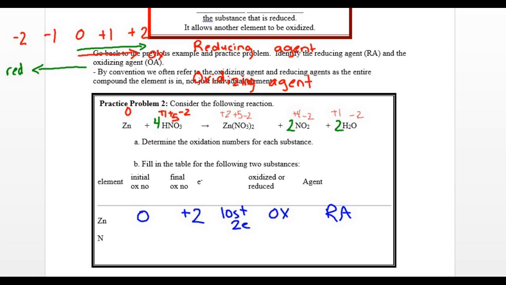The nitrogen that is in this compound and this compound here has started off at positive 5, decreased to positive 4. It has gained 1 electron. Therefore, it has been reduced, and it is the OA.